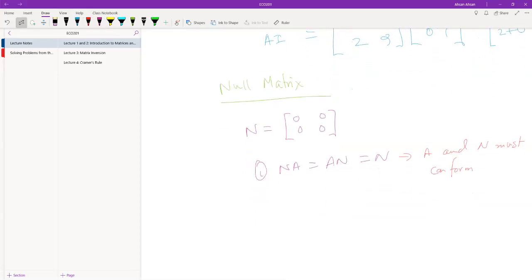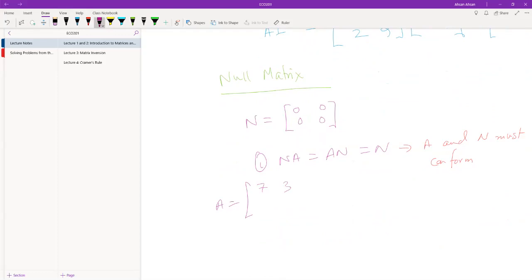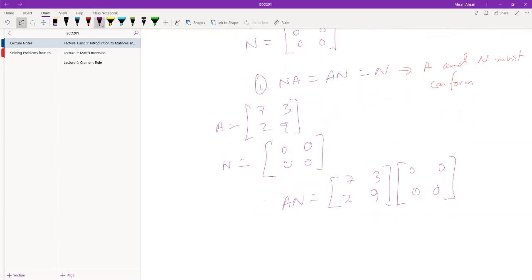But just in case you guys want to check this out, we had A, which was 7, 3, 2, 9. Okay, and suppose we have this null matrix. AN gives us 7, 3, 2, 9 times 0, 0, 0, 0. And you guys can see, it's quite obvious that what we are going to have is 0.